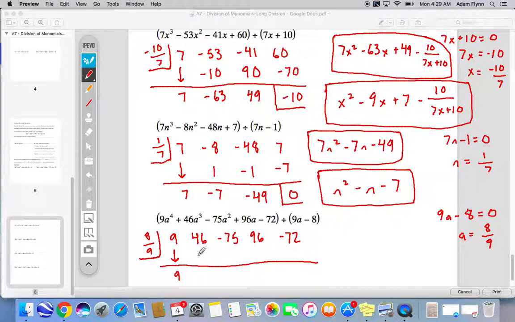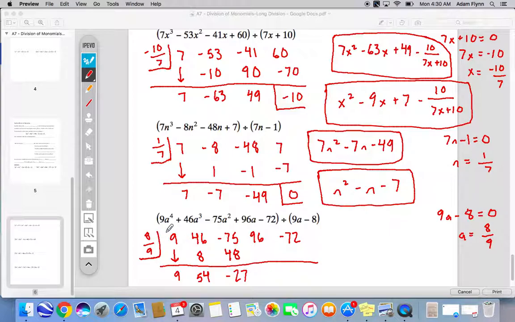So 9 times 8 over 9 is 8. 46 plus 8 is 54. 54 times 8 over 9 would be 48. Now I have negative 75 plus 48. So we get negative 27.